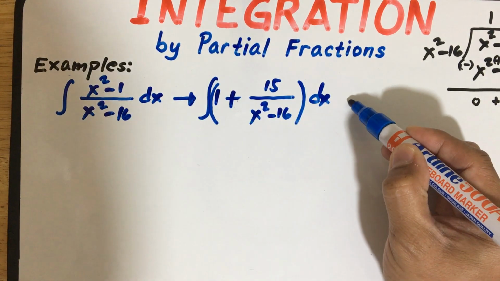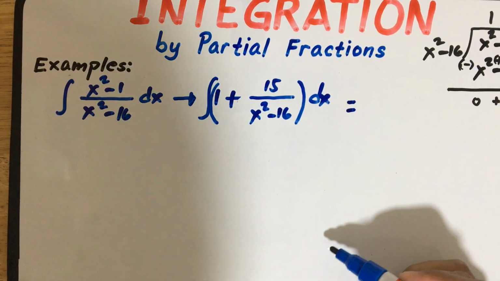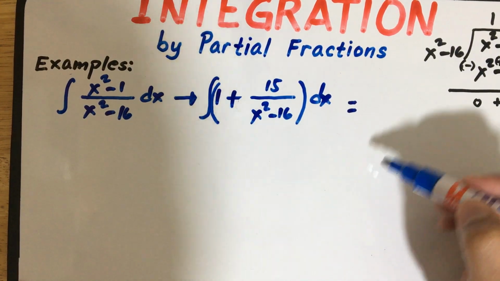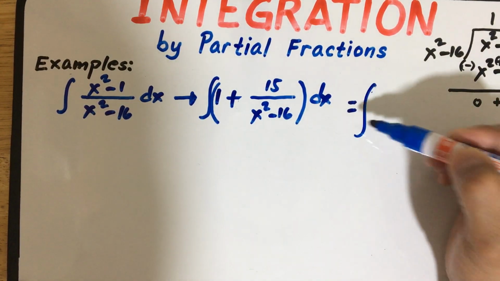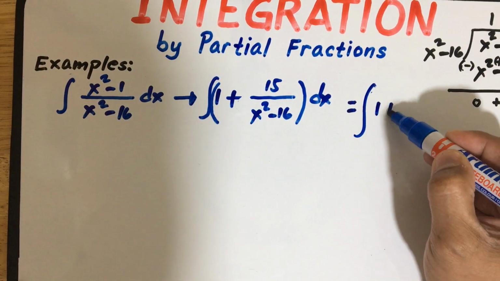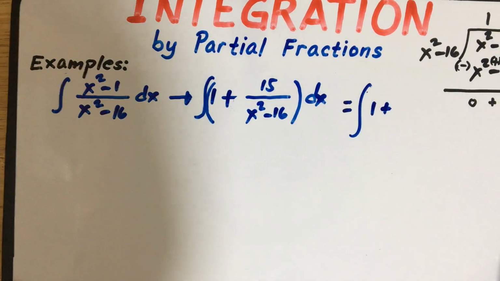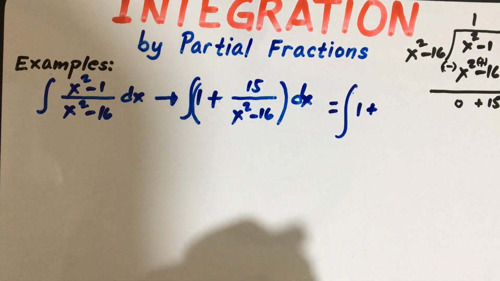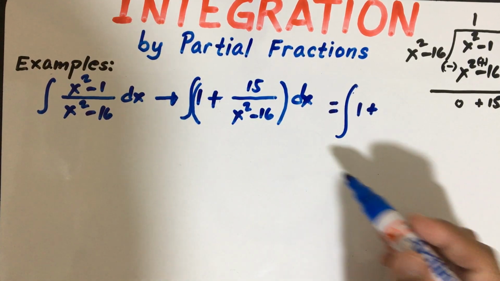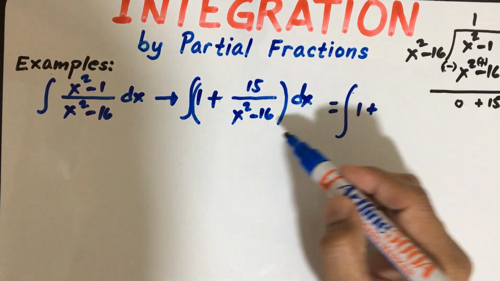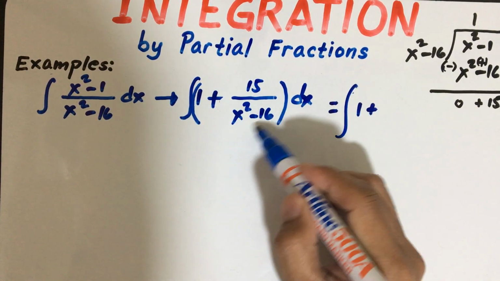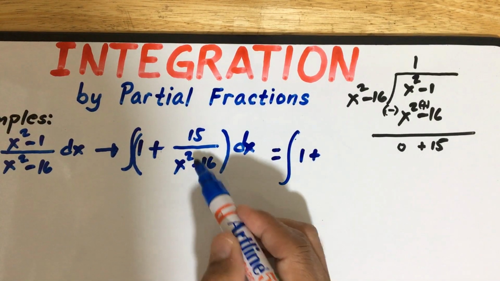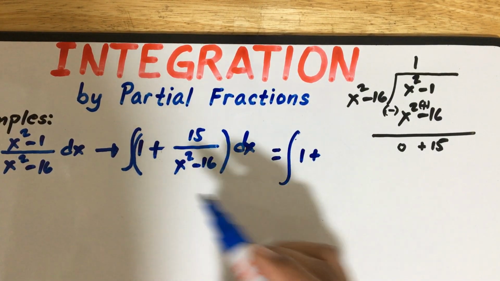We can rewrite this as the integral of 1 plus a over... before that one, we have to factor first, after what we've done a while ago. The next step is to factor the denominator of the second term.